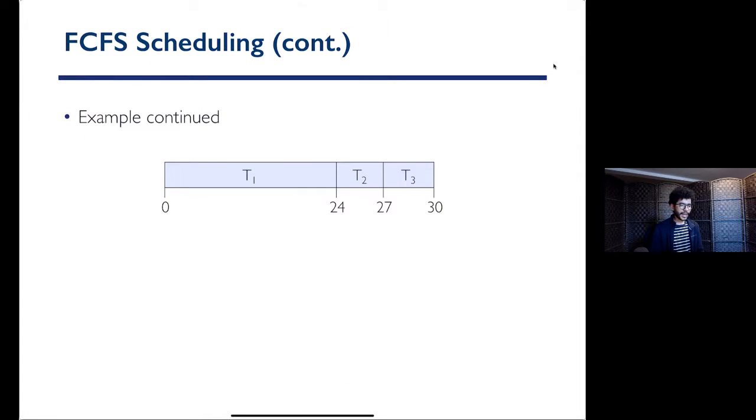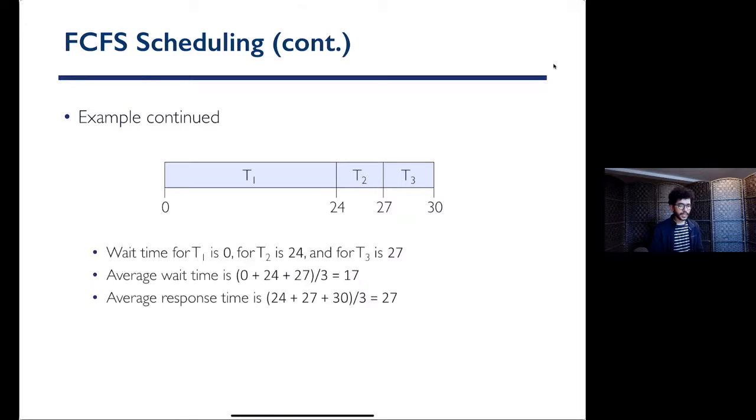Now let's look at the performance metrics in this case. So what is the wait time of T1? Assuming that all 3 of them came at time 0, then T1 was in the system for 24 microseconds.